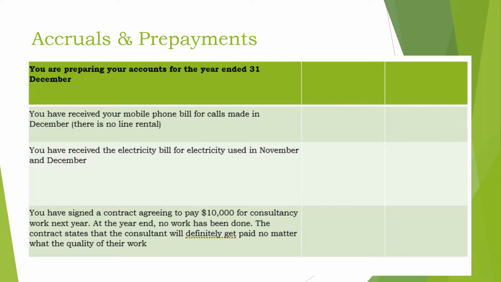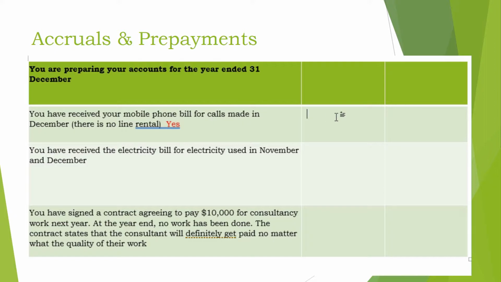Well, the accruals basis tells us that we must include all expenses which have arisen. So as at the 31st of December, we do have a liability for this. So the answer is yes, we will include it. So if I put yes, that means that yes, it will be included.